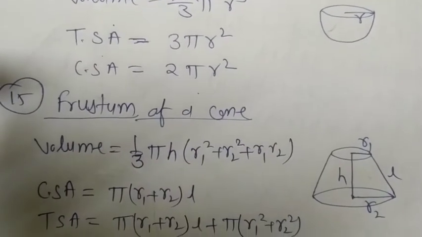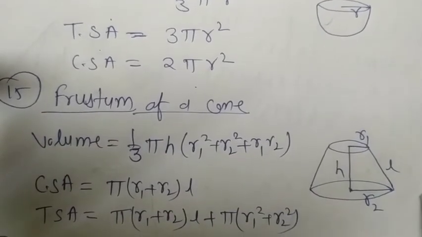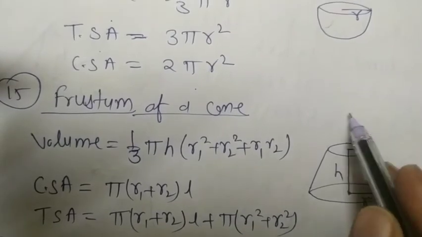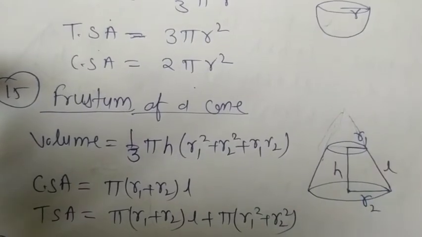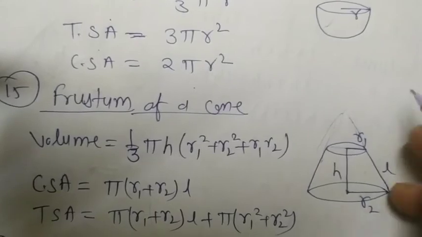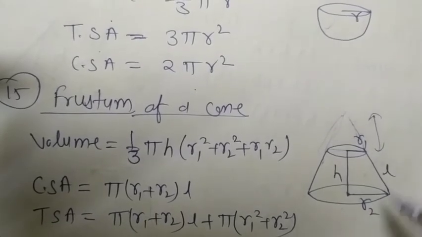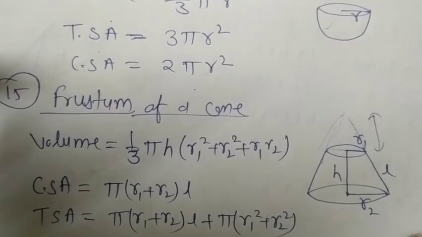Now come to the frustum. Frustum of a cone, we have learned about it in class 10. If a cone is cut simply parallel to the base, and we take this part and remove that small cone, then that is called a frustum of a cone.